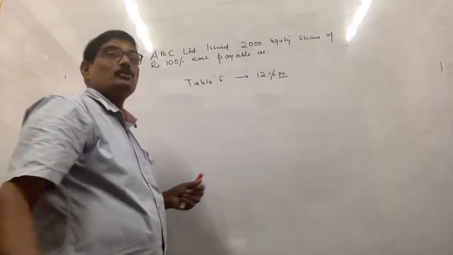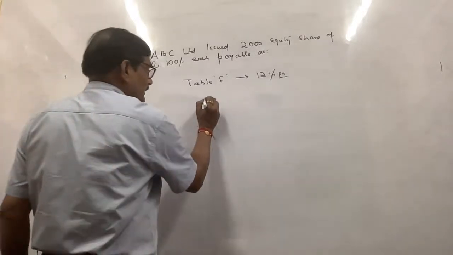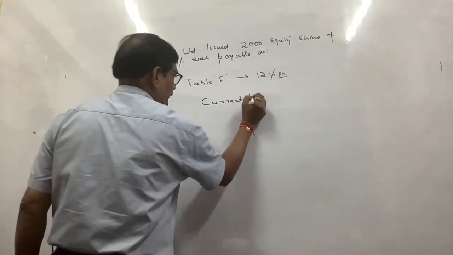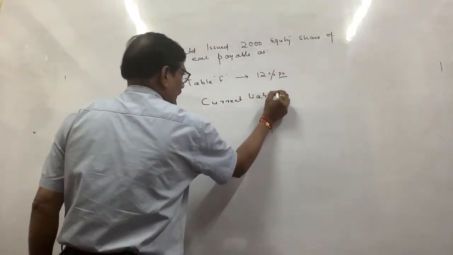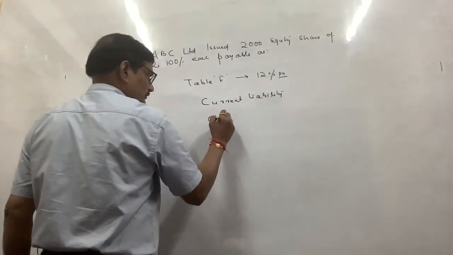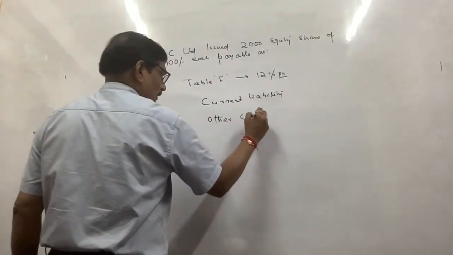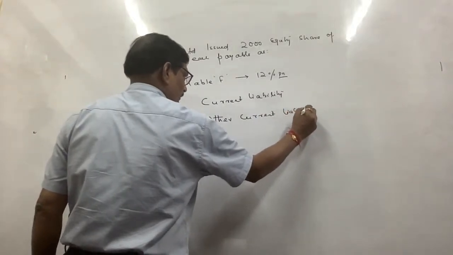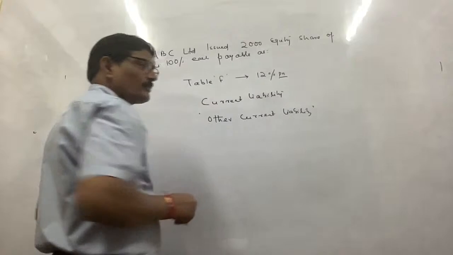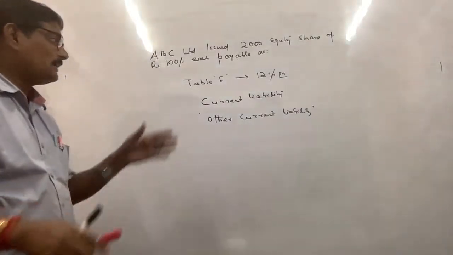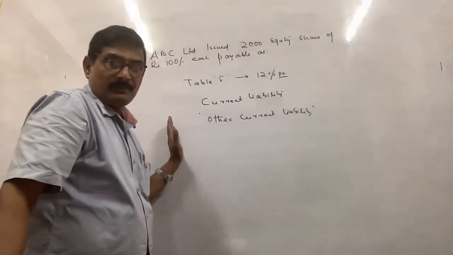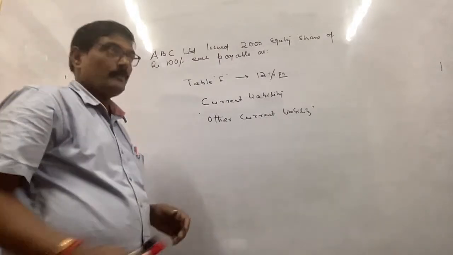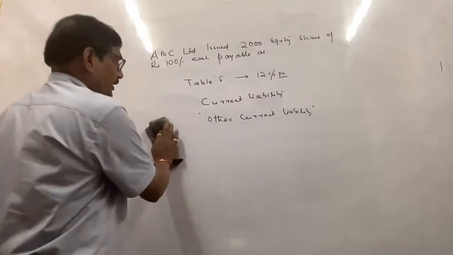And calls in advance is to be shown under the head current liability and subhead other current liability. Right? ठीक? Now see how it is to be treated.